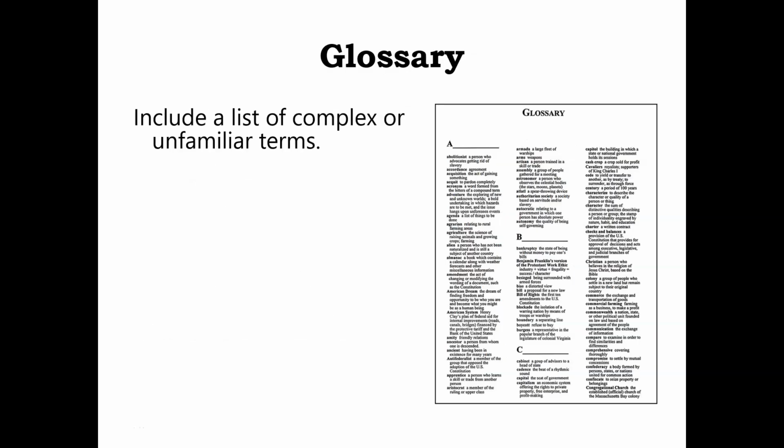A glossary is essentially a list of words that your audience wouldn't know. Some things that you might include in a glossary are acronyms or initialisms. By the way, an acronym is essentially a word that is made up of initial letters. For example, laser is light amplified by the stimulated emission of radiation, LASER, whereas an initialism is just the letters spelled out by themselves.